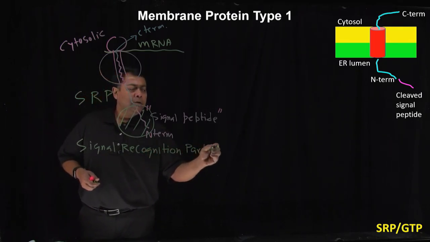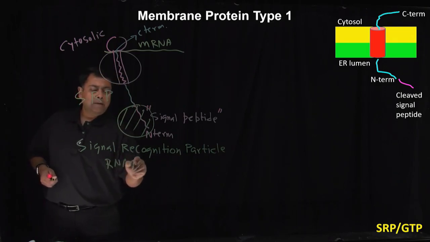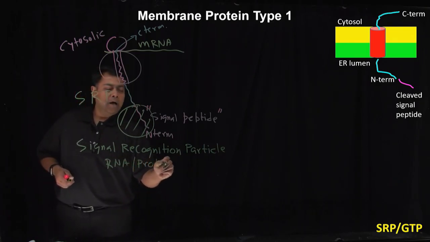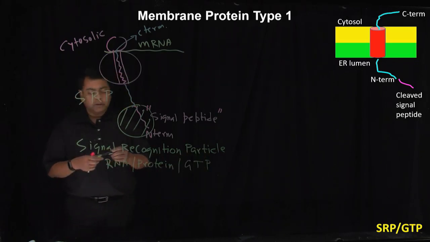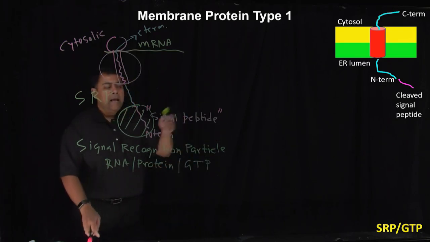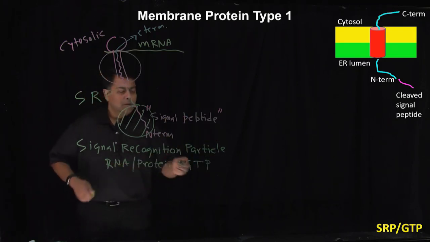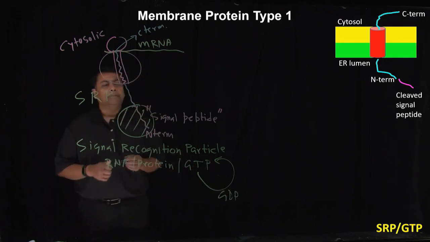These are extremely large complexes made up of RNA and protein, and they are bound to GTP. They need the GTP to function, and they hydrolyze the GTP in this process and recharge with GTP again. So we can just draw that GDP to GTP.